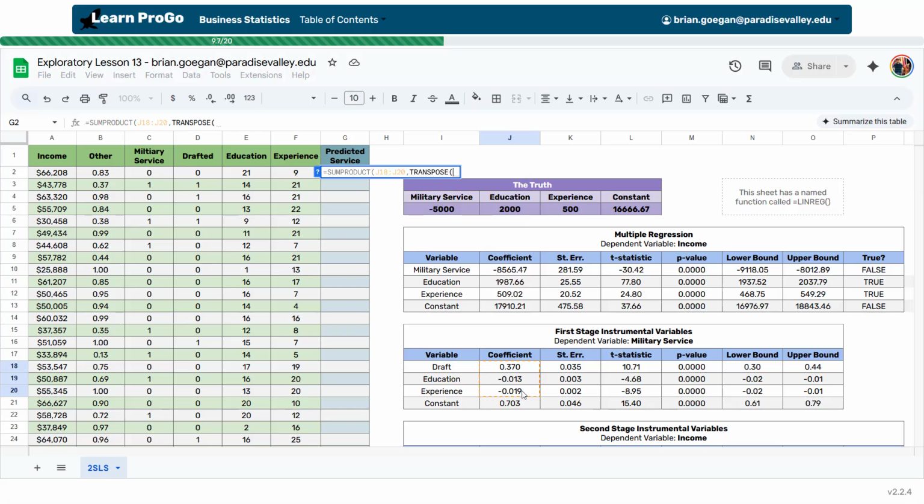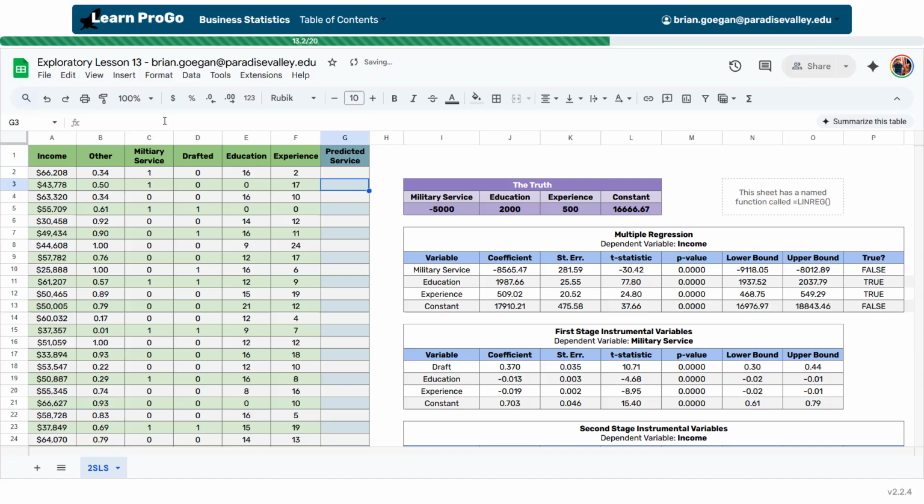I'm going to have to transpose them because we have them in a row over here. But we're going to take these values for drafted, education, and experience and multiply them by the coefficients. And then we're going to add the constant. We definitely want to lock in our references to J here so that those don't change, but we want our references to the row to change for D2 to F2. So that's what we need.